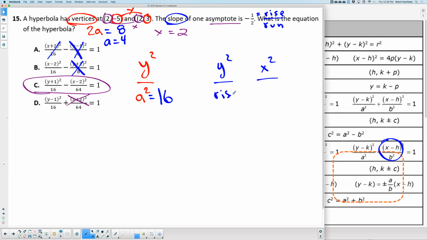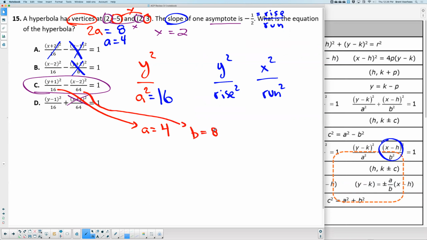This represents the rise squared. This represents the run squared, because y is rise, run is x. So on the answer choices, to show you, what's the square root of 16? And what is the square root of 64?